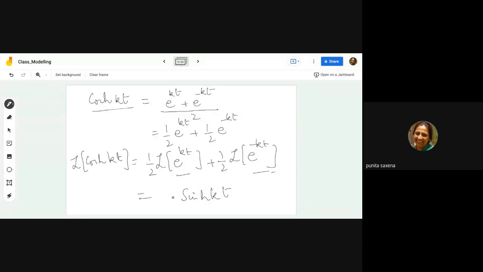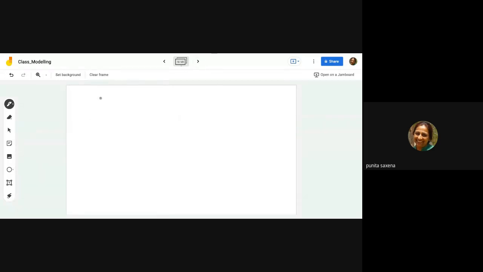But say supposing you have not hyperbolic cos and sine. Because we have a standard result for exponential functions, it becomes easier. See, e to the power ikt is actually nothing but cos kt plus iota sine kt. We have this result with us.